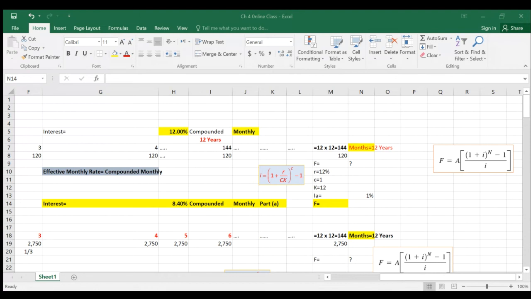Your N will be 12 years, so 144 will be N. So this is your A, 120 every month. Yes, N is 144.